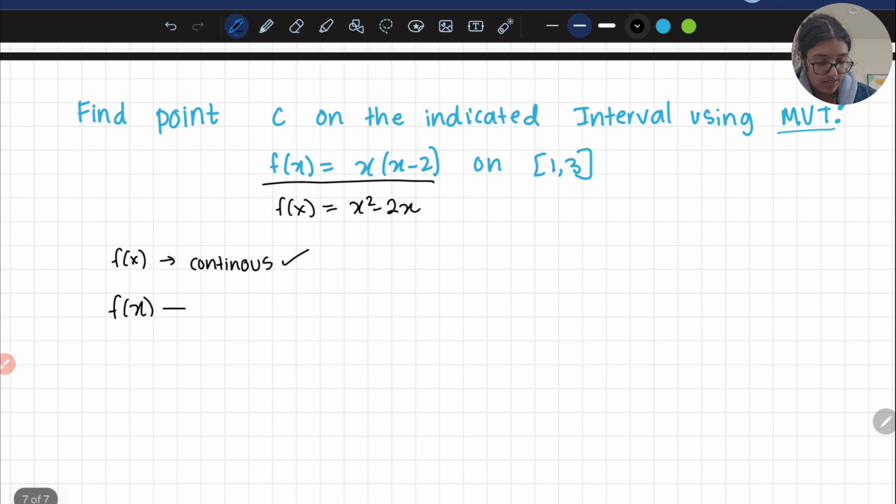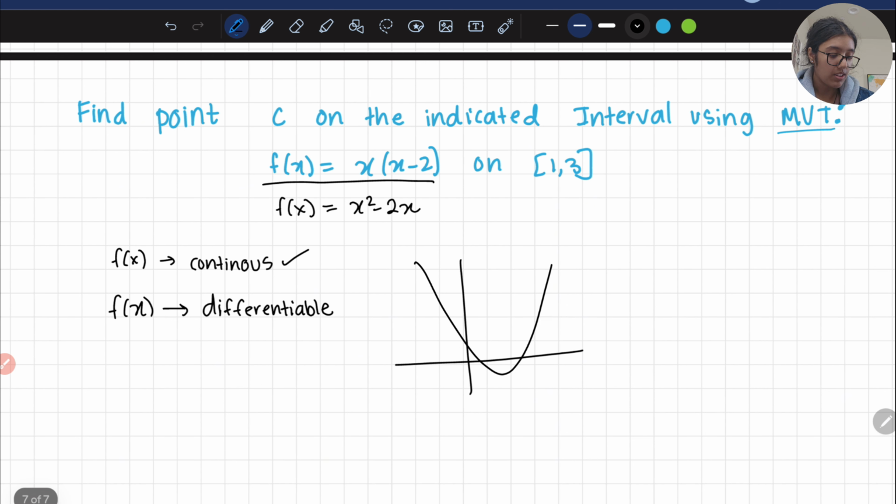Now let's check if it's differentiable. This is kind of similar to continuity, but I think seeing if a function is differentiable is a little bit trickier. But in this case, let's just imagine it in our heads. We know this is a parabola, so it's going to look like that.